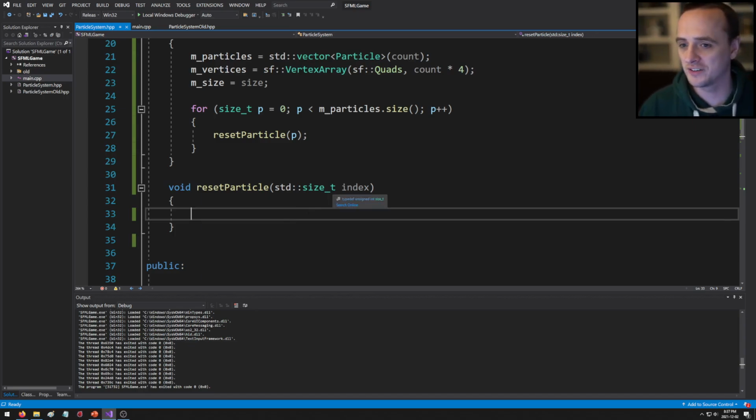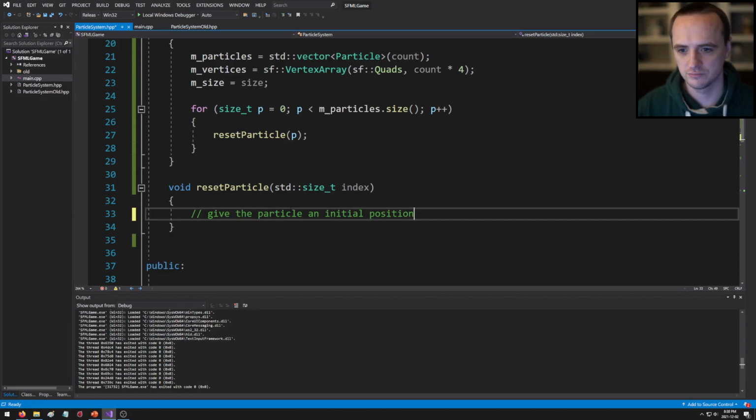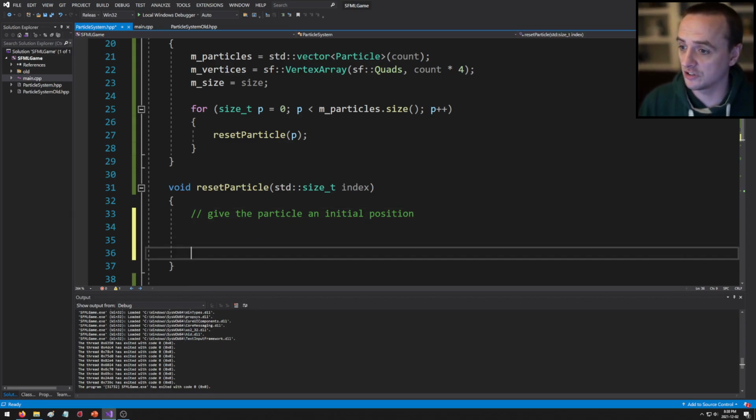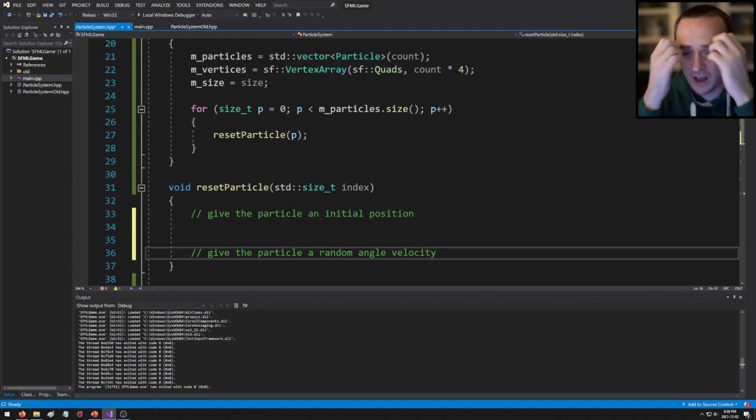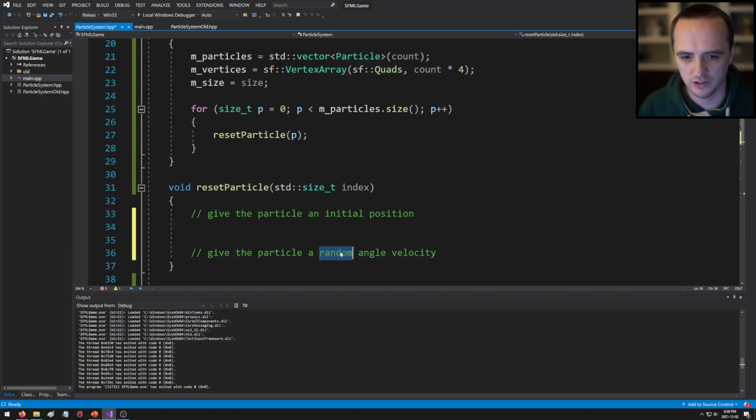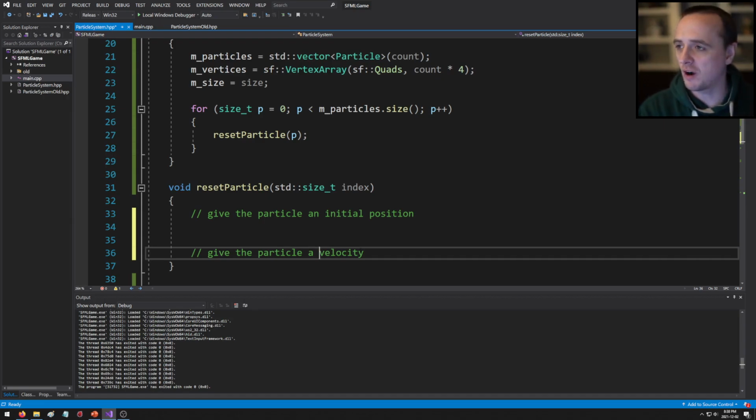What do we actually want to do in here for each particle? Well, maybe what we want to do is first give the particle an initial position. So we have to give it a position, where it's actually starting from in the window. Next, let's give the particle a random velocity.